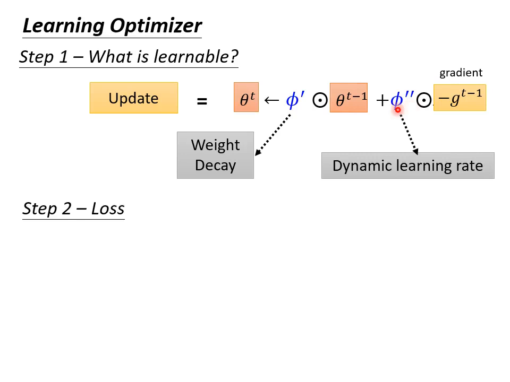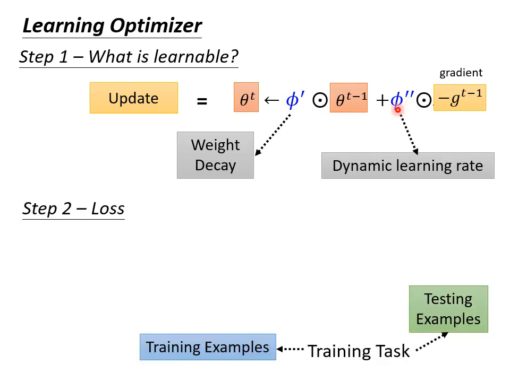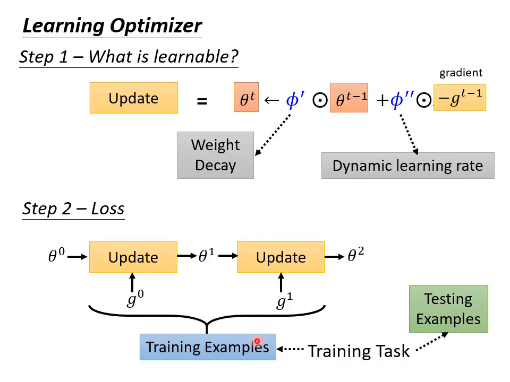The second step is the loss. And there's nothing different from what we have talked about. We have a training task. We have training examples, testing examples. Then based on the training examples, we can compute the gradient. We can update the parameters accordingly, based on the update rule here. Here phi prime and phi double prime are learnable.